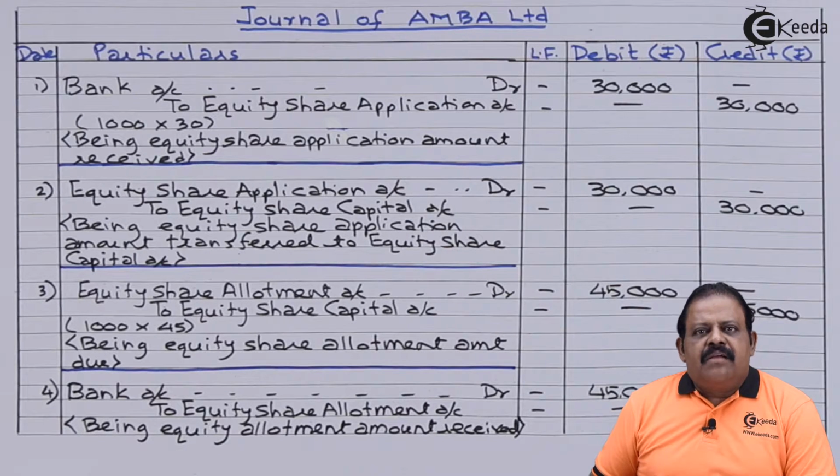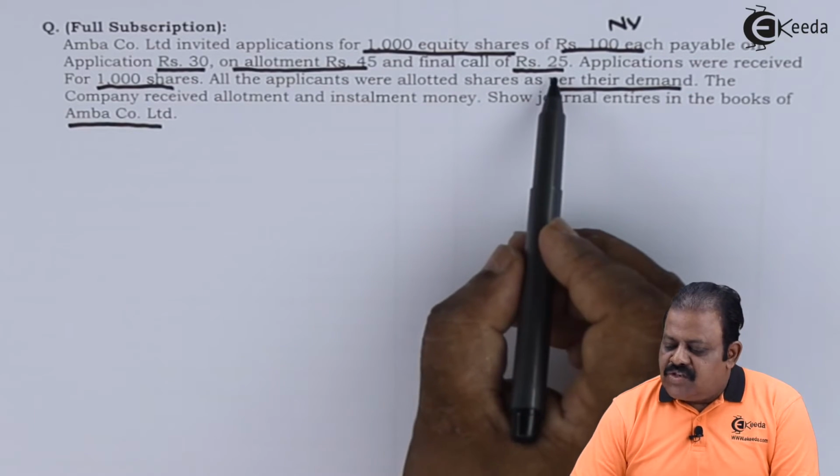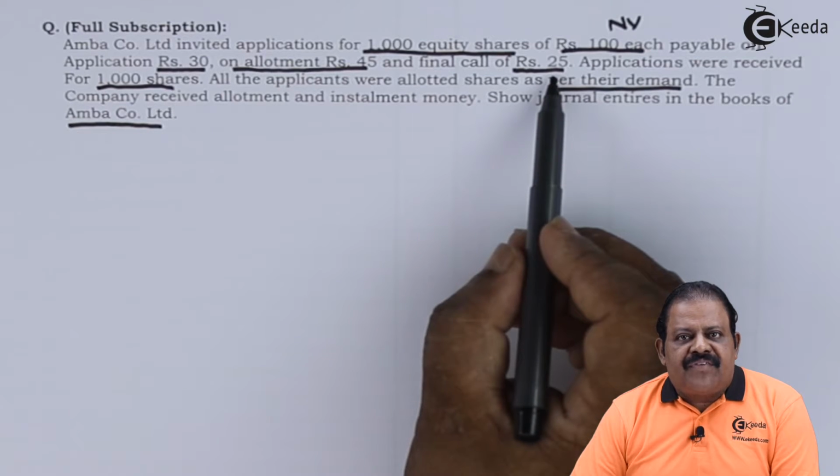After a certain period, the company will demand the final call amount from shareholders so that shares will become fully paid. When the company sends the final call letter, the accountant records an entry for final call amount due. Final call amount is rupees 25 per share.